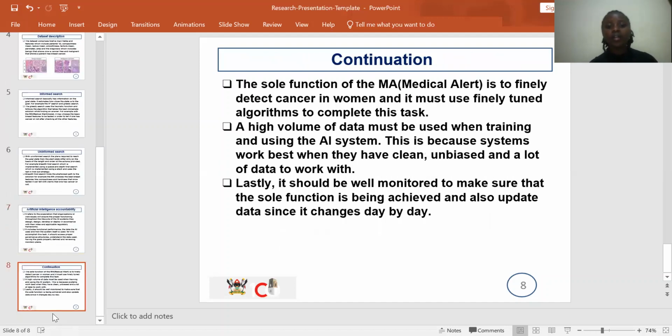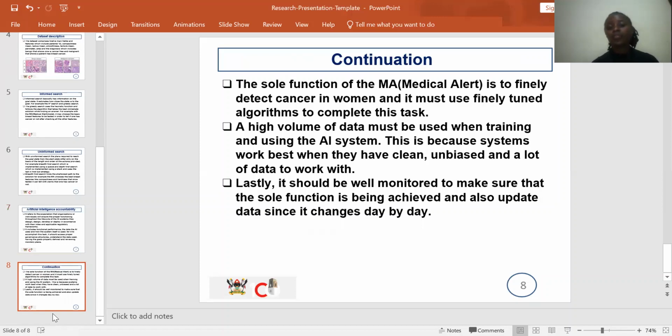So with this AI, the sole function of my model, the medical alert model, is to finally detect cancer in women, and it must use finely tuned algorithms to complete this task. The algorithms, the rules that are supposed to be followed, should be clearly stated so that there is no mistake and they can easily be understood by the people who are going to use this model.